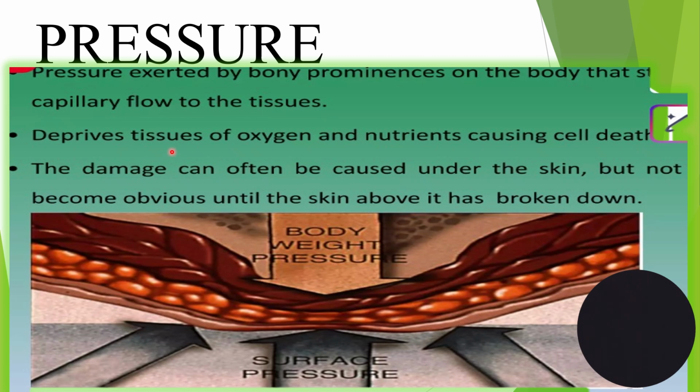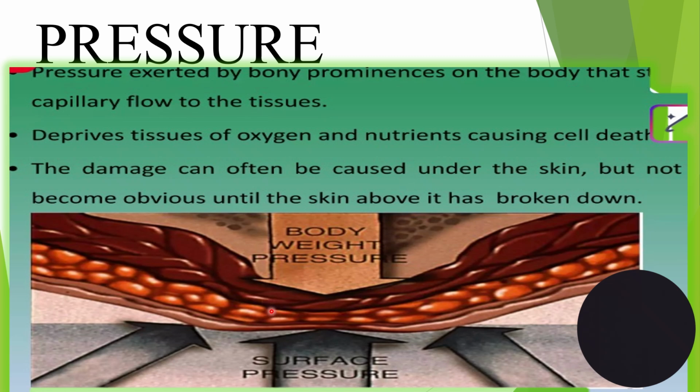So the pressure exerted by the bony prominence of the body decreases the capillary flow to the tissues, deprives the tissue of oxygen and nutrition, causing cell death. The damage can often occur under the skin but not become obvious until the skin breaks down.